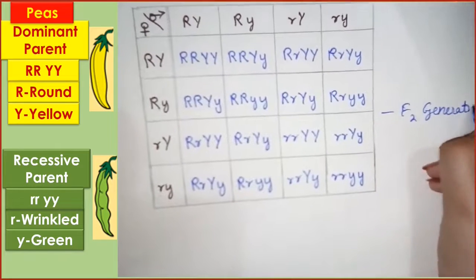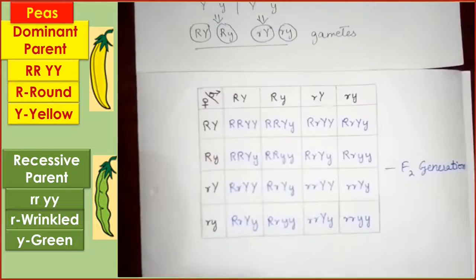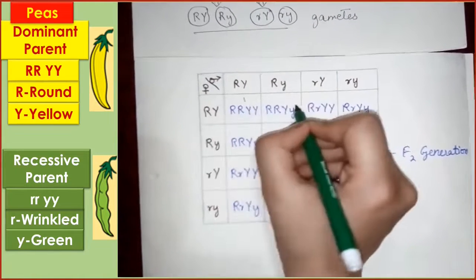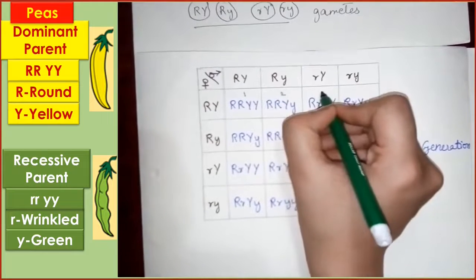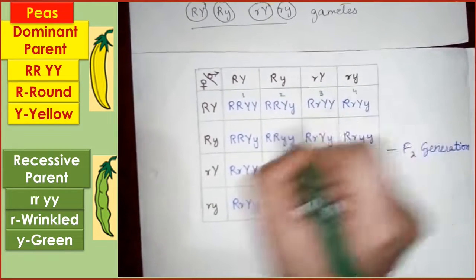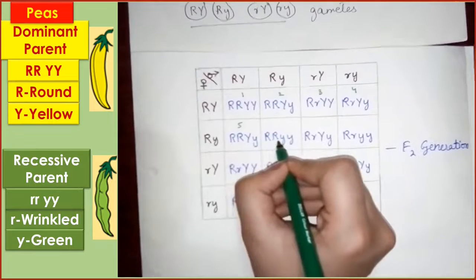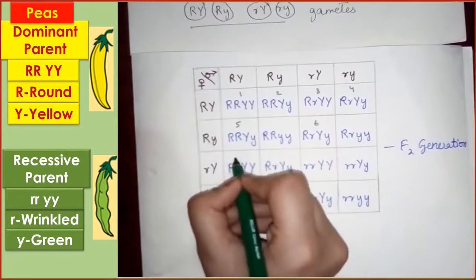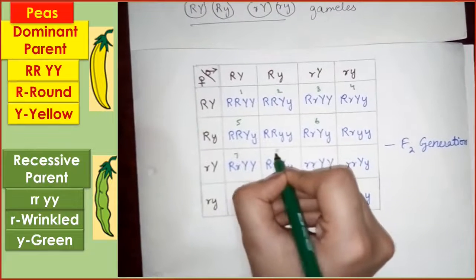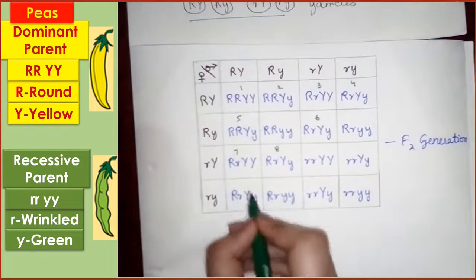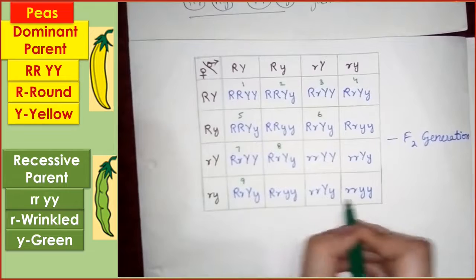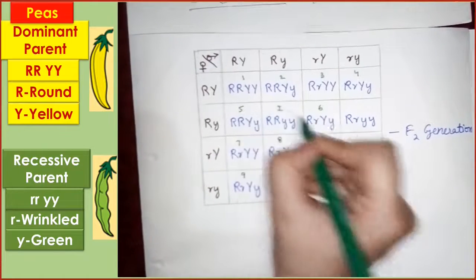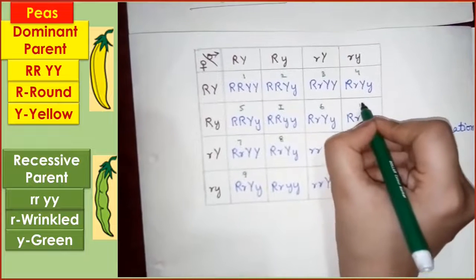Now, in order to know about the phenotypic ratio, we will mark each of the offsprings according to their genotype. Here I am marking the capital R and capital Y offsprings with numbers 1 to 9. The offsprings that contain capital R with small y, just like this, I'm marking with Roman numerals.